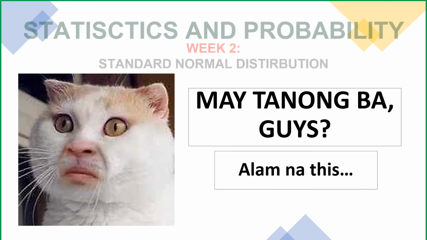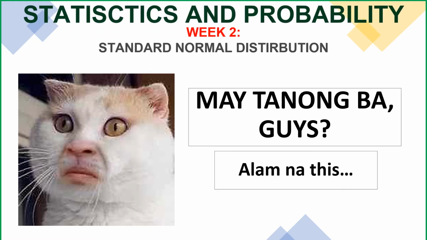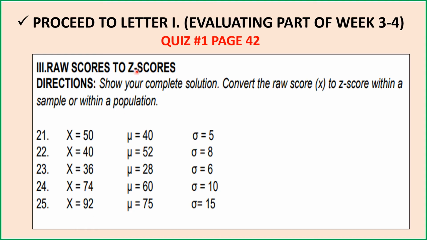So, alam nyo na ang gagawin ng next. So, get your modules na and we'll proceed to evaluation part. So, dito naman sa evaluation part natin ng weeks 3 to 4, which is page 42 pala. So, turn your SciPacs on page 42. Just show your complete solution and kumukha lang nung pinakita ko sa inyo kung paano isolve.